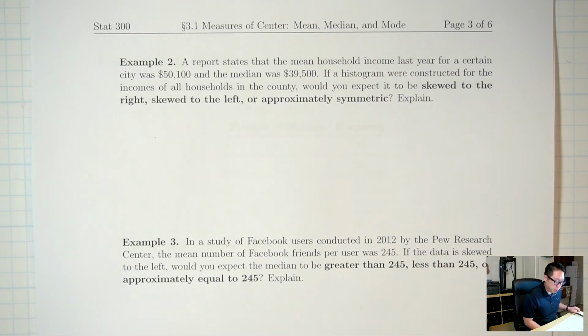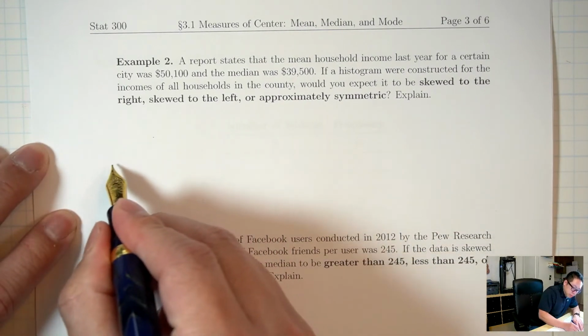Example 2. A report states that the mean household income last year for a certain city was $50,100, and the median was $39,500. If a histogram were constructed for the incomes of all households in the county, would you expect it to be skewed to the right, skewed to the left, or approximately symmetric? Let me put these two numbers on a number line.